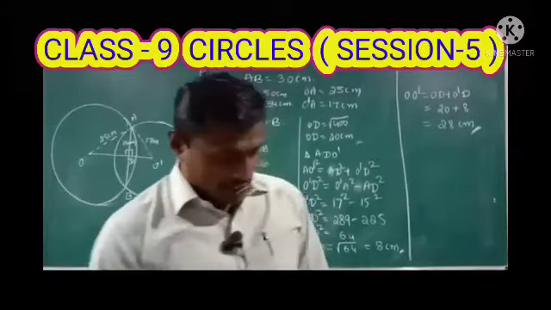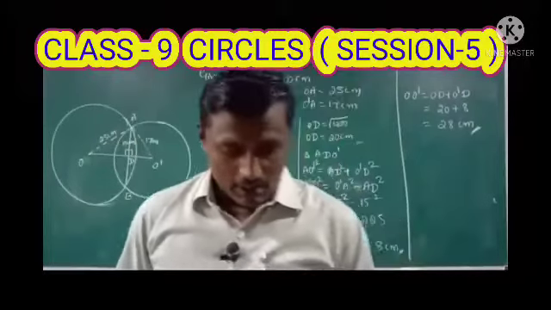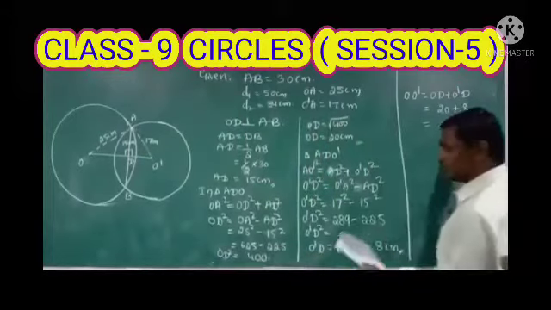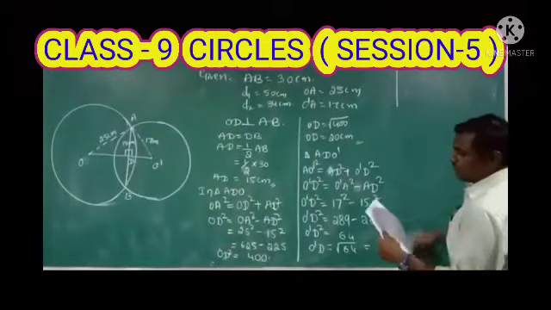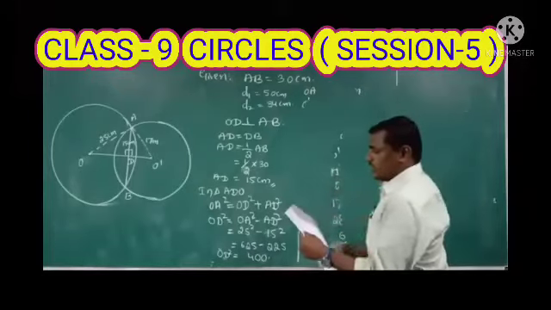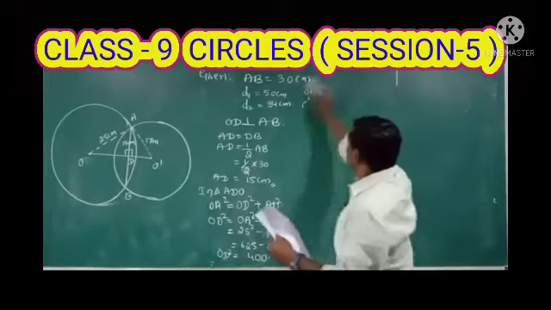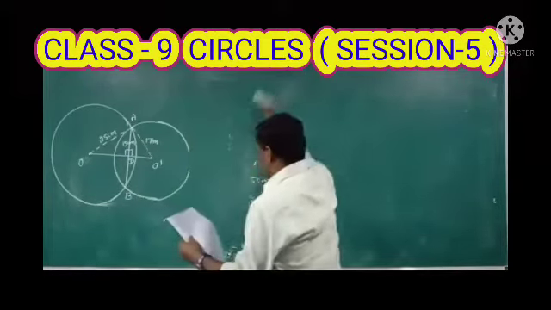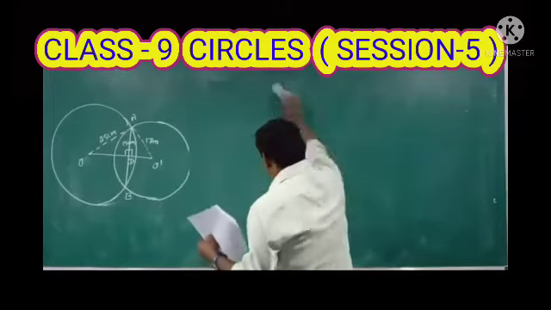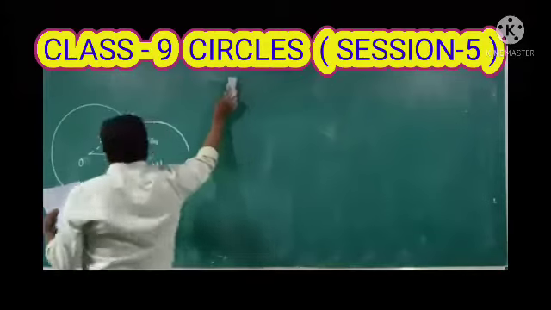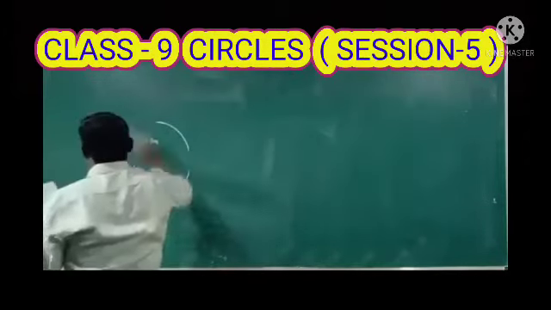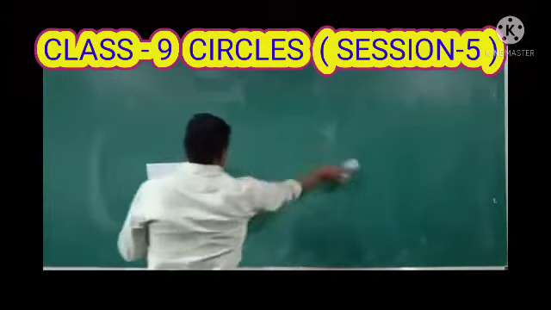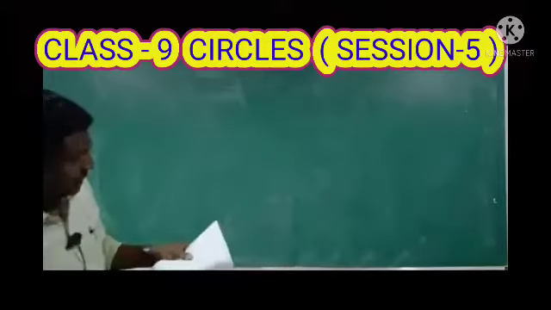Okay. Let's move to the next question, that is the fifth one. See the fifth question, what they have given in the fifth question. If in the figure the line ABCD is perpendicular to PQ, where P and Q are the centers of the two circles.